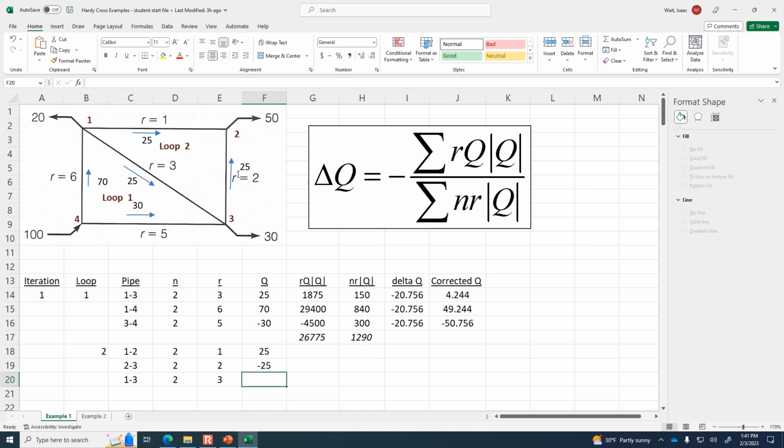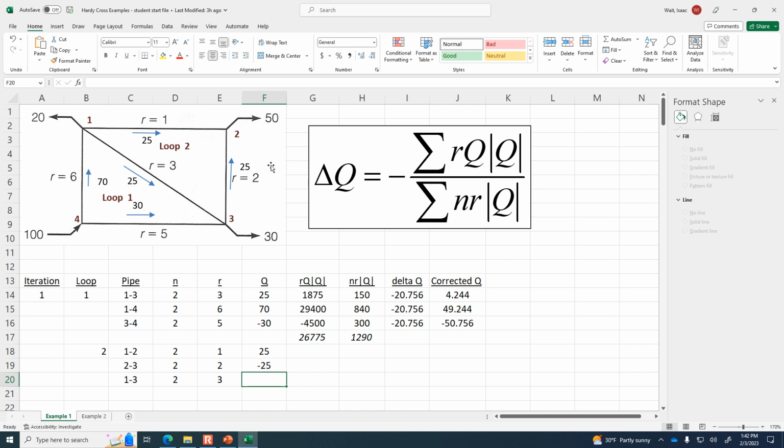Pipe 1-3 is a very special pipe, because it's the one that is shared by both loop 1 and loop 2. So we have to treat it in a special way. I'm not just going to put in my initial guess for that pipe. My initial guess was 25, right? Well, that's old news.